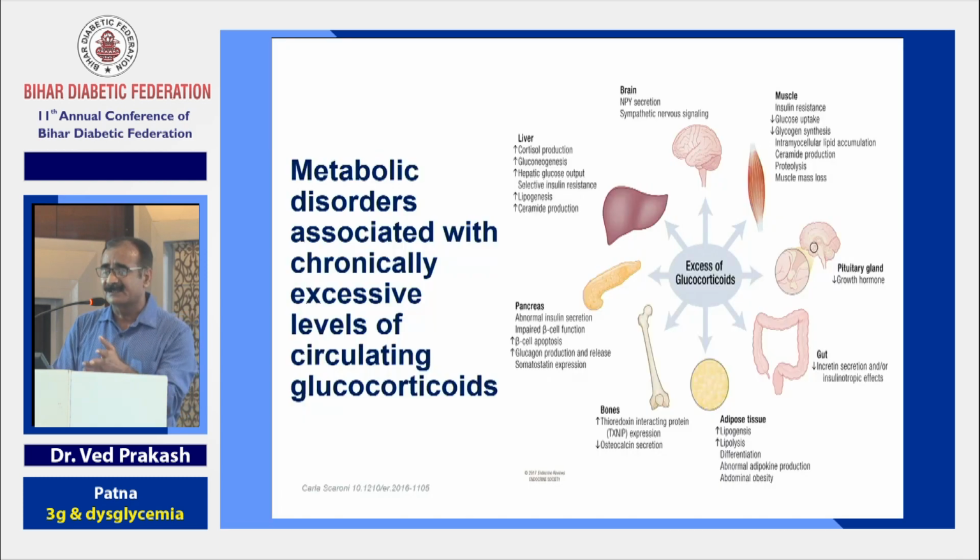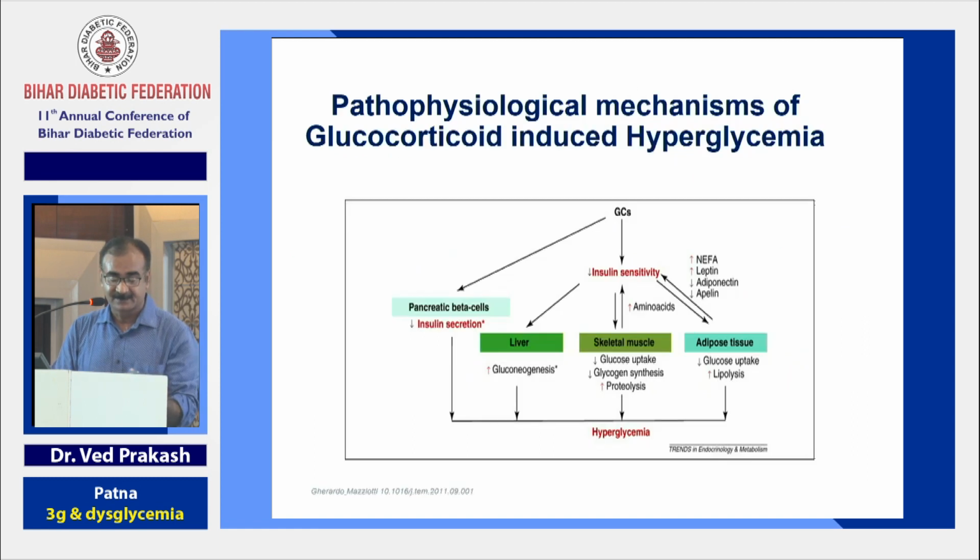Now coming to the glucocorticoids. These are the various effects of glucocorticoids. Since time is less, I am skipping these slides. At the pathophysiology level, at the pancreatic beta cells, glucocorticoids cause a decrease in insulin secretion, and at the liver level, an increase in gluconeogenesis.